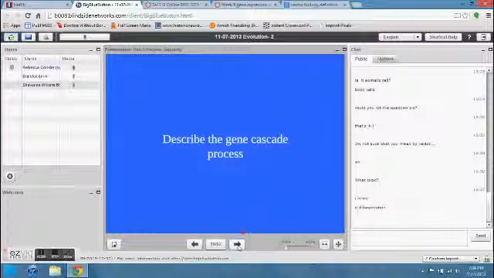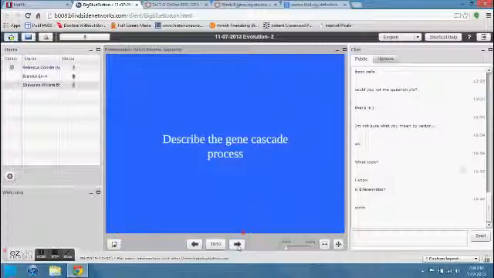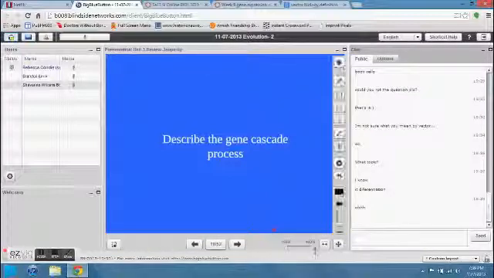It has to do with homeotic genes, which we went over last week. Homeotic genes. What is gene expression? Homeotic genes, master switches. Start with the gene cascade. Shivani looks like she might have gotten it. I see a light bulb.